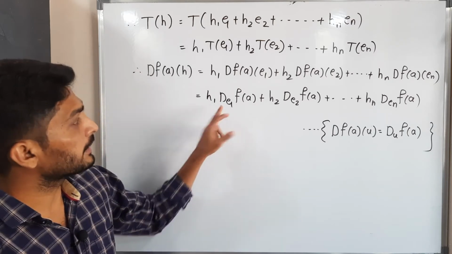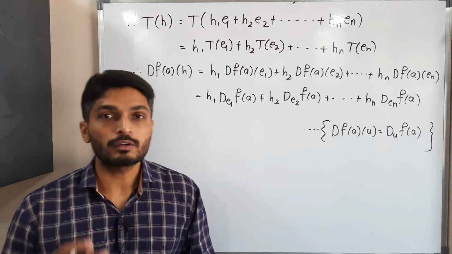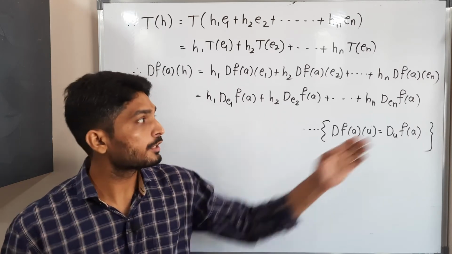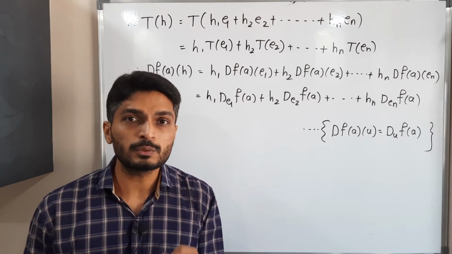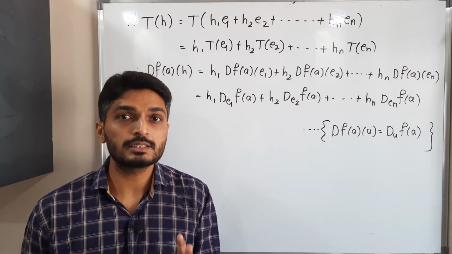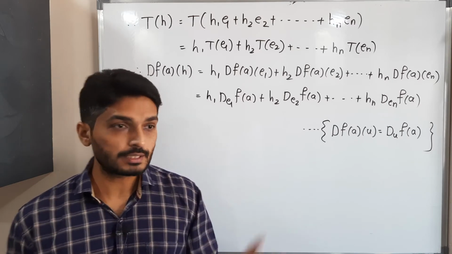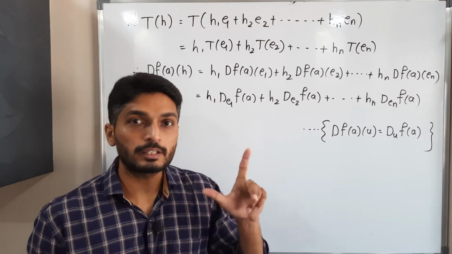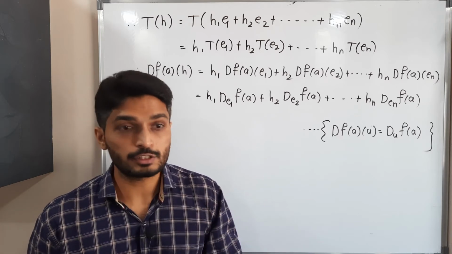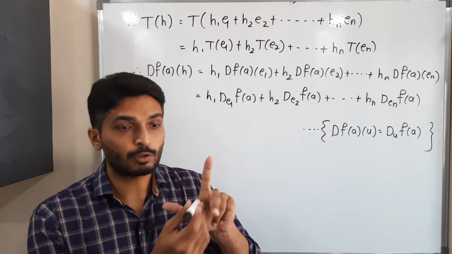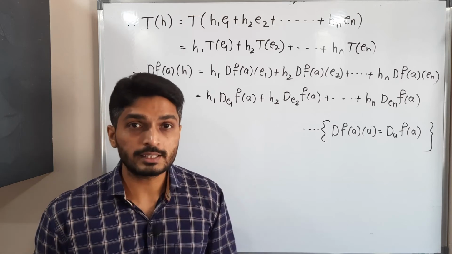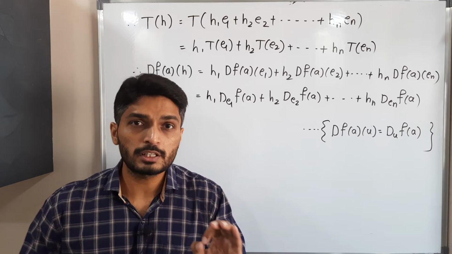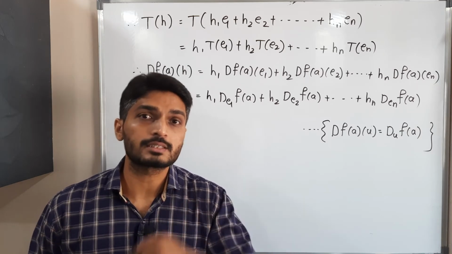See, now we have a directional derivative in the direction of e1, in the direction of e2, in the direction of en, but e1, e2, en are standard bases, that means standard axes. For example, in three dimensions you can take any vector and find the directional derivative, but we have standard directions along the x-axis, the y-axis, the positive z-axis. So e1 is nothing but the directional derivative in the direction of the x-axis.